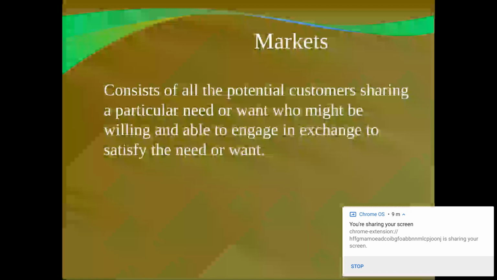As I said earlier, there must be a demand, and demand has two components, that is ability and willingness to pay. So here comes that term again: who might be willing and able to engage in exchange to satisfy the need or want. So that's the definition of market.